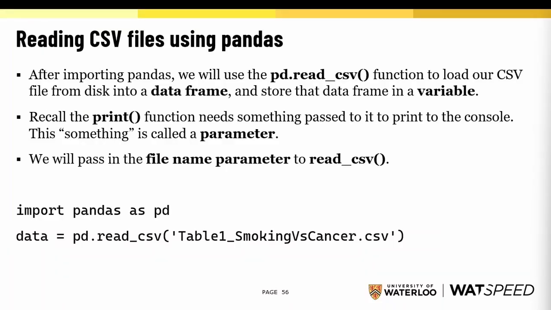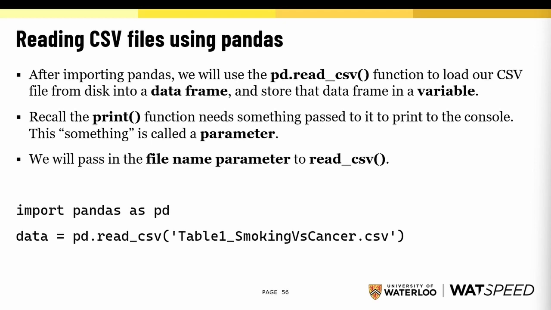So after we bring in pandas to our Python file, we're going to use a function called read_csv. This will load our CSV file from our disk into a data frame and then store that data frame in a variable. Remember a couple minutes ago we used the print function to print our name to the console?